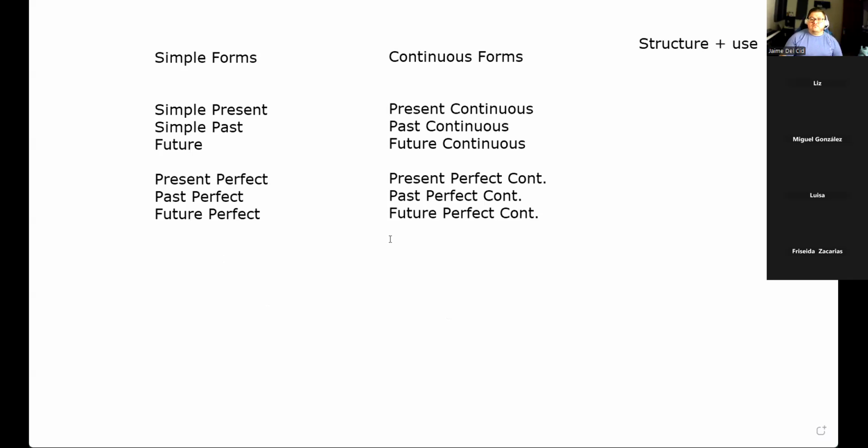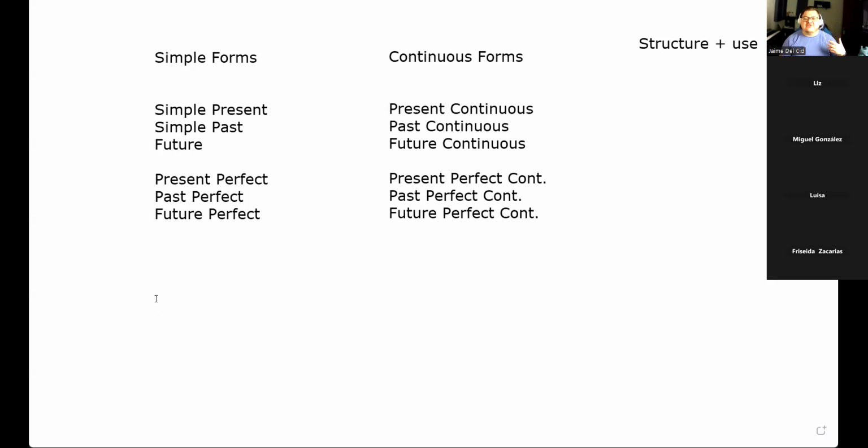And then you will go ahead and tell me if this is a simple form, if this is a continuous form, and what is the tense that it is written in. Okay, so that's the exercise. I'm going to write some sentences. I'm going to call some names, and you are going to tell me if this is a sentence in a simple form, if it's in a continuous form, and what is the tense of the sentence.